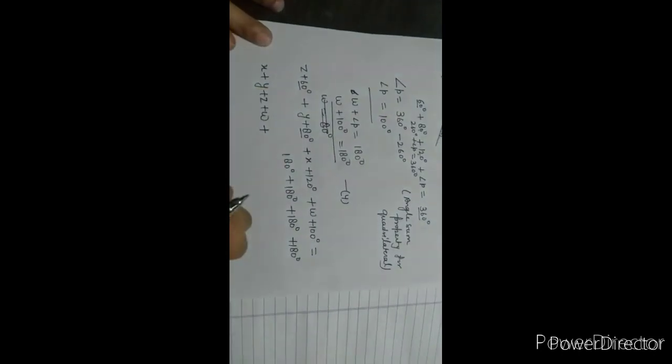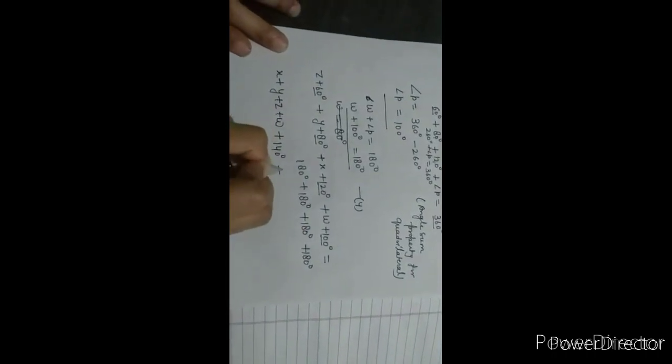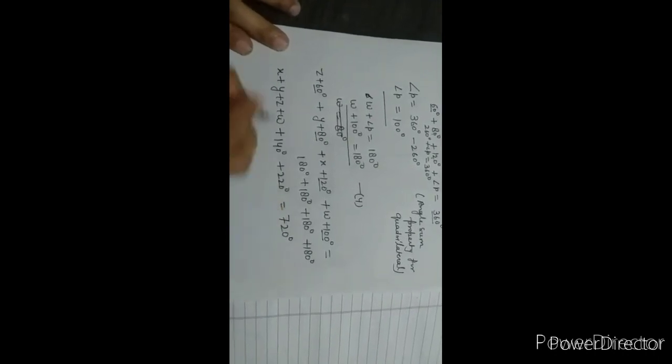Now x plus y plus z plus w plus 60 plus 80 is 140 and 120 plus 100 is 220, so 140 degrees plus 220 degrees is equal to 720 degrees.